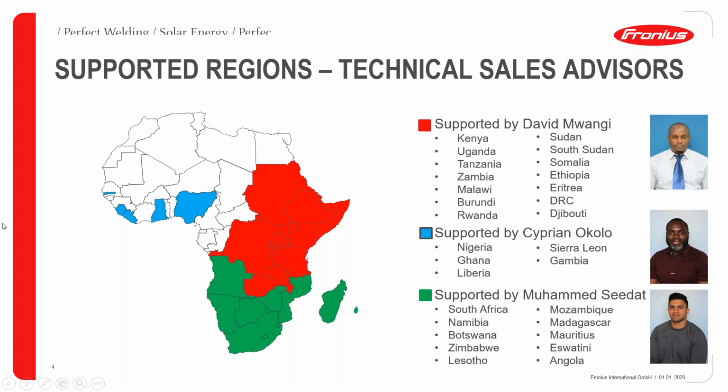Then my colleague Cyprian is in charge of those countries in the blue, primarily English-speaking Western African countries. So if you reside in one of those countries and you'd like to find further information, Cyprian is your person to contact. Then myself, I'm responsible for the Southern African region, so all those countries in green. If you reside in one of those countries and you are an installer, you are more than welcome to contact me for your upcoming Fronius projects.